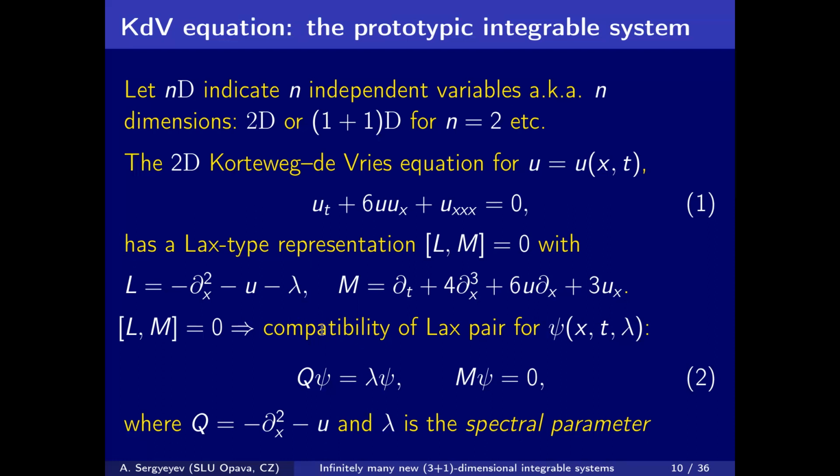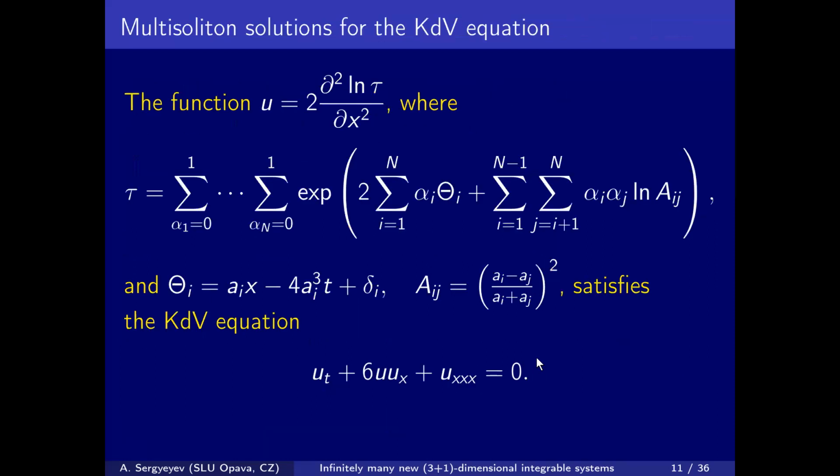The Lax pair L psi equals 0, M psi equals 0 for this particular L and M can be slightly rewritten so that the first equation, L psi equals 0, is a spectral problem. In this connection, things like lambda are referred to as spectral parameters.